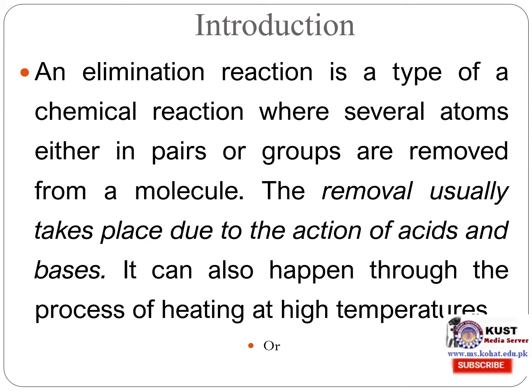These removals are in the presence of a catalyst, that may be acid or that may be base. But this can also happen at high temperature. When we heat up a molecule at high temperature, it can lose a pair of groups, and as a result we get an unsaturated compound.